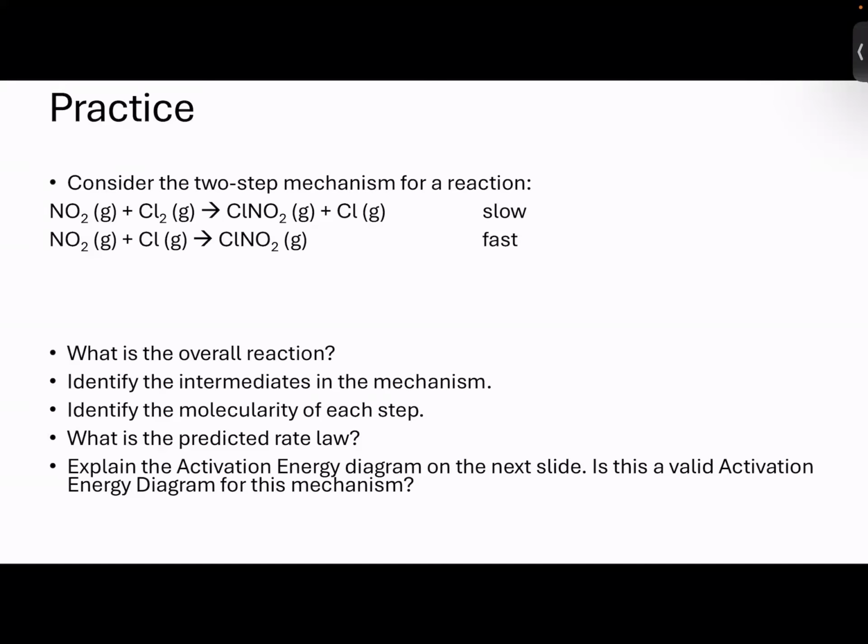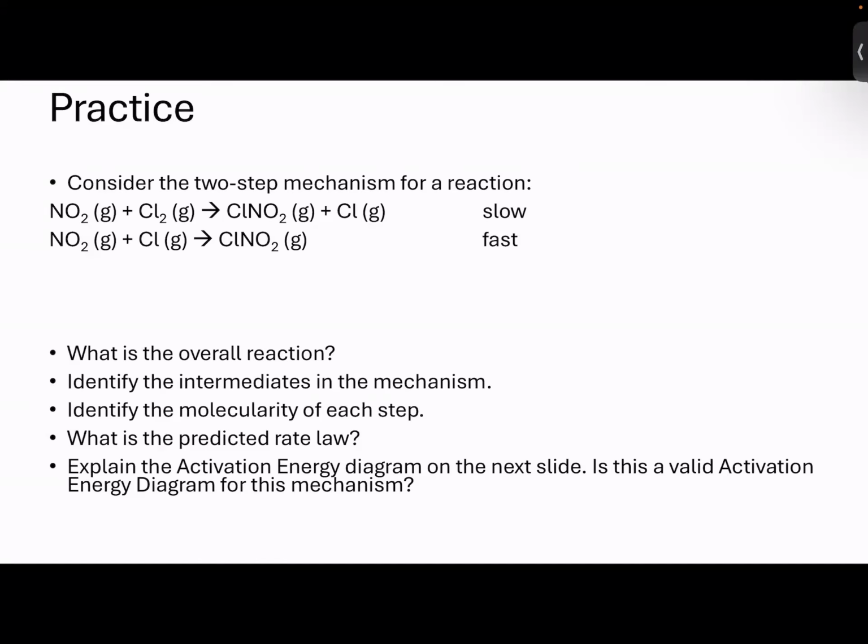So it's giving you nitrogen dioxide plus chlorine goes to form ClNO2 plus chlorine atom. The chlorine atom reacts with another nitrogen dioxide molecule to make another ClNO2. The first step is the slow step. The second step is the fast step.